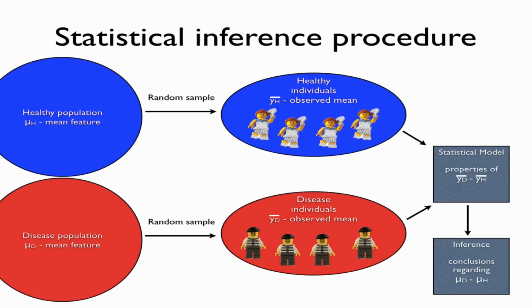Now we will find a difference between those sample means. And now the question is: is this difference in the sample means due to just random noise, or is it actually a true underlying difference between the population means? Is this difference just explainable by random events? Is this just what we expected to happen, or is this something more fundamental?